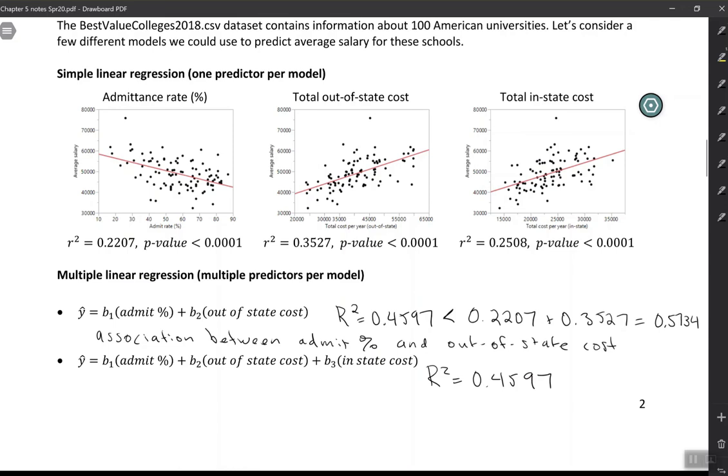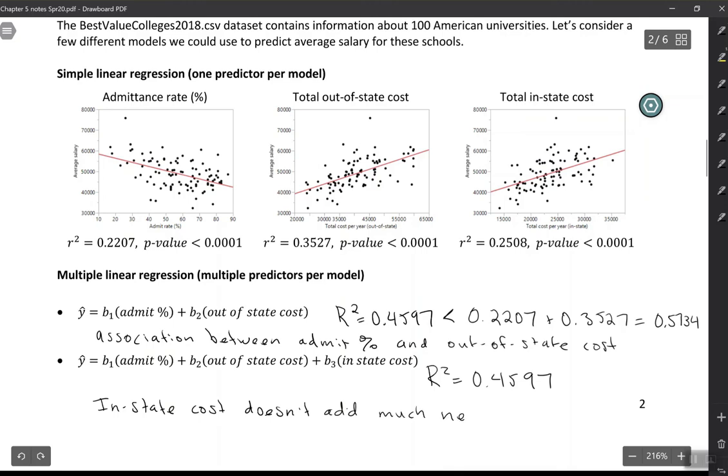So an R-squared value can never go down as you add new variables to the model. If you think about it, no variable can be bad enough that it unexplains variability. But in cases like this, it may not really go up. So if we think about this situation, in-state cost doesn't add much new information to the model that we already had, right?